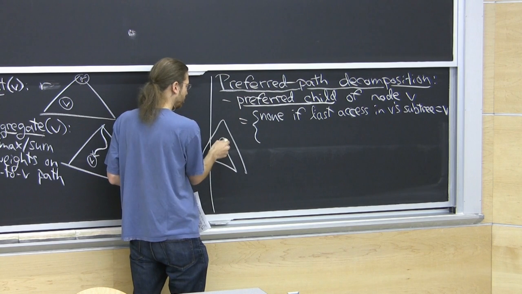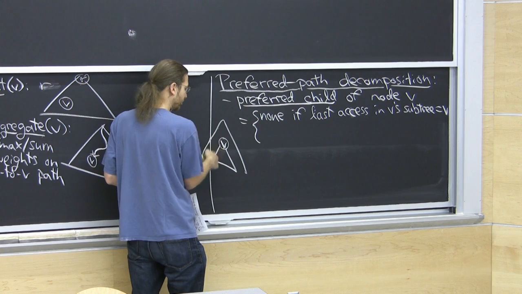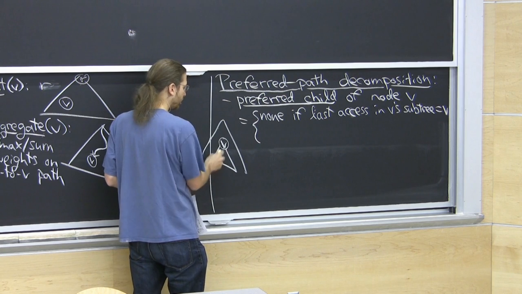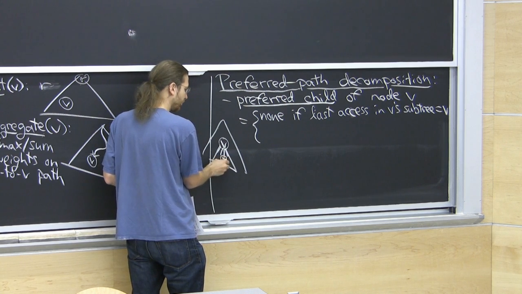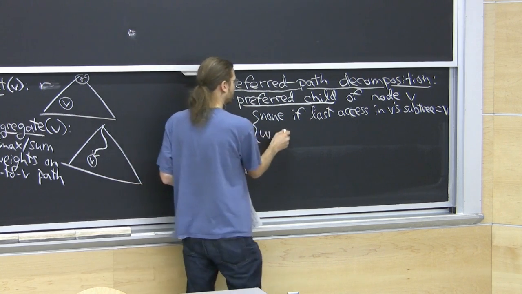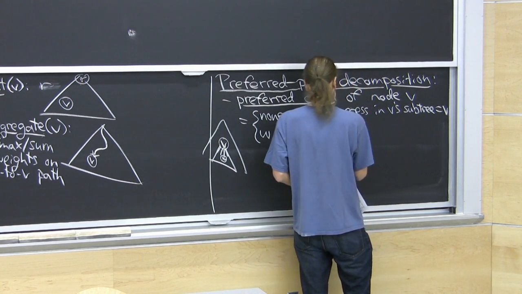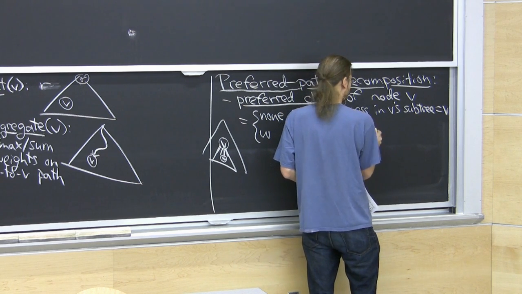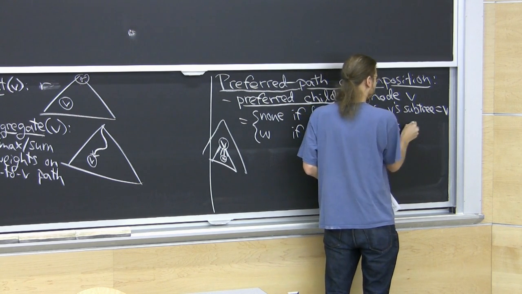We don't care about accesses outside of that subtree, but if the last access within the subtree was V itself, then there's no preferred child. Otherwise, the last access within the subtree was in one of these child subtrees, and whichever one it was, we say W is the preferred child. So if the last access in V's subtree is in child W's subtree.